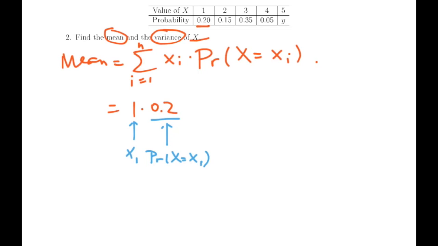Then we plus x_2 equal to 2, and the corresponding probability is equal to 0.15.